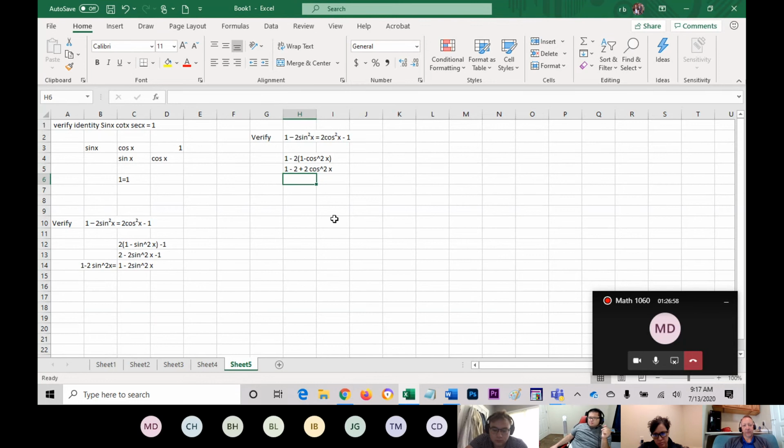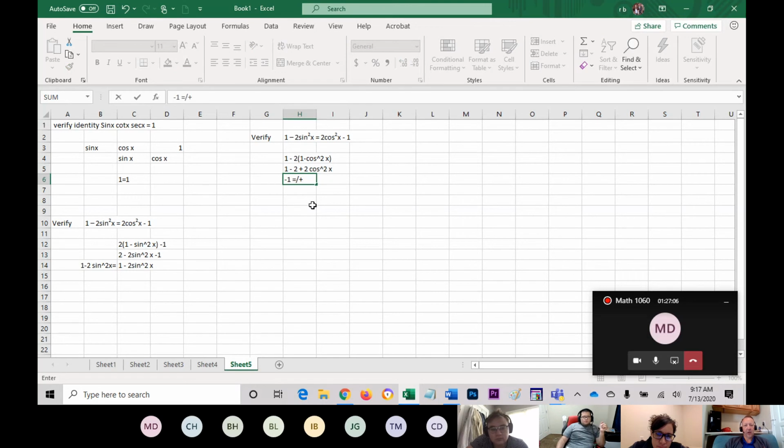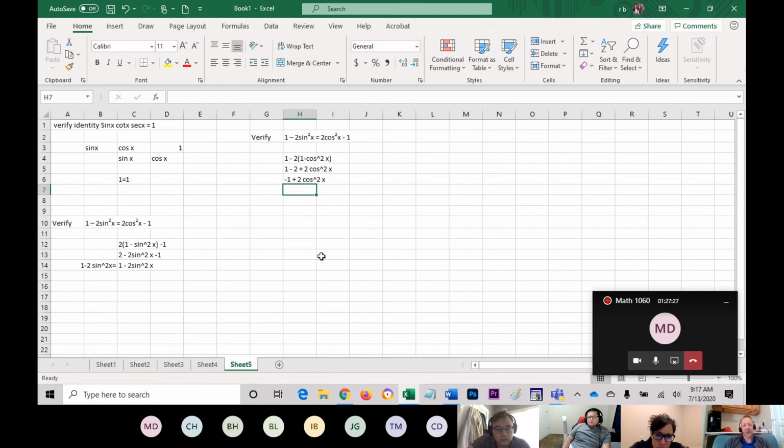So therefore, what's 1 minus 2? Negative 1. Negative 1 plus 2 cosine squared of x. I need to put an apostrophe here, it's going to try to actually solve that. Now, can I flip the order there?